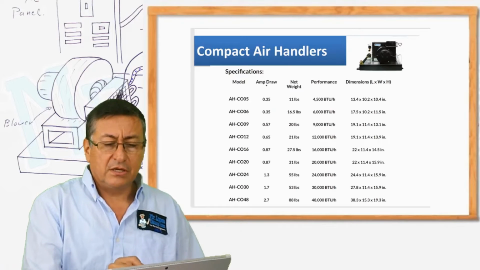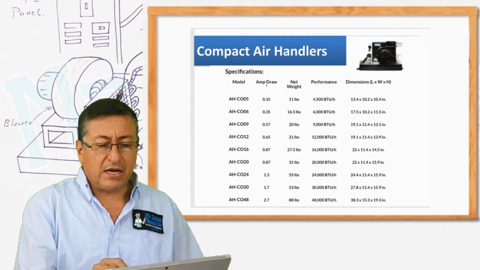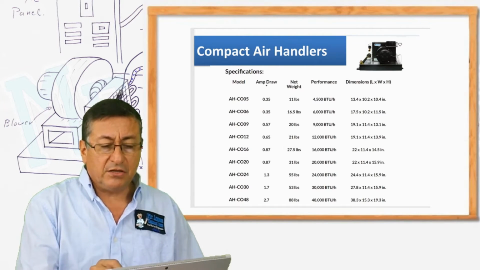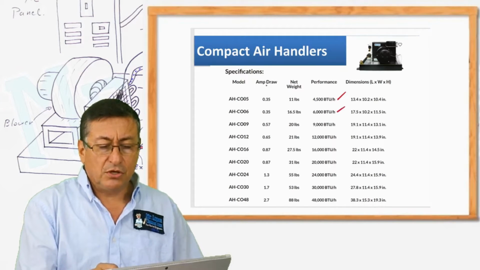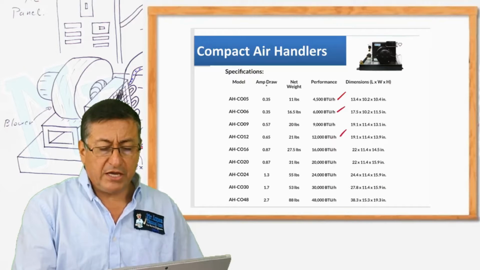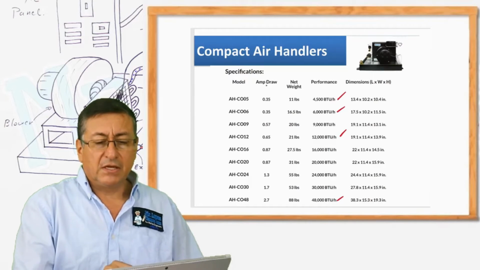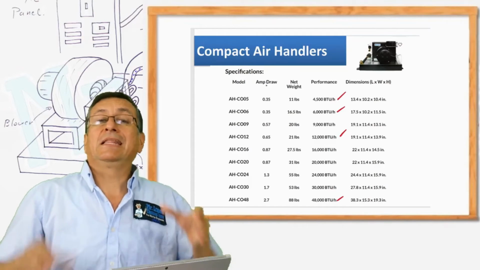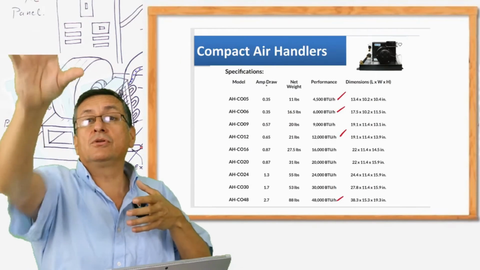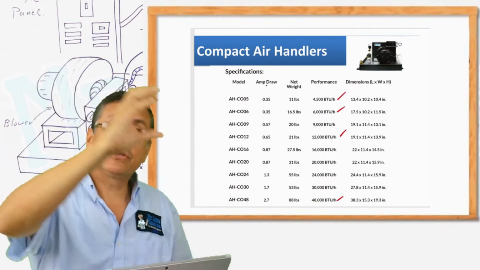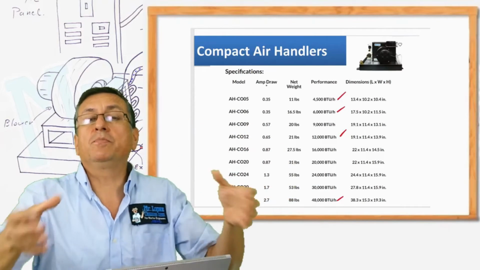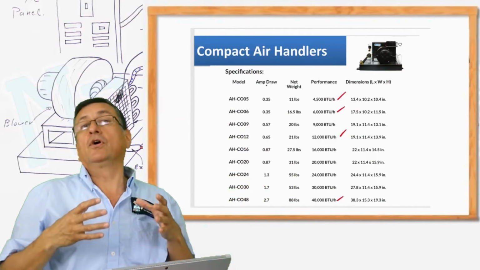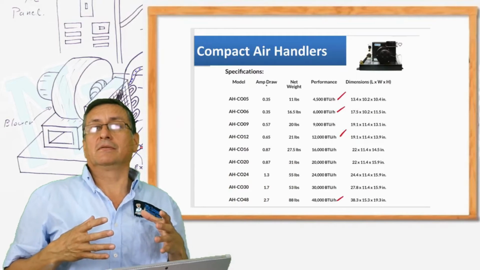Those air handlers come in different capacities: this one, the smaller, is 4,500 BTUs, then 6,000 BTUs, 12,000 BTUs, 48,000 BTUs. Remember that the capacity of the air handlers, this plus this plus this plus this, all of them together should be equal to the capacity of the central unit.